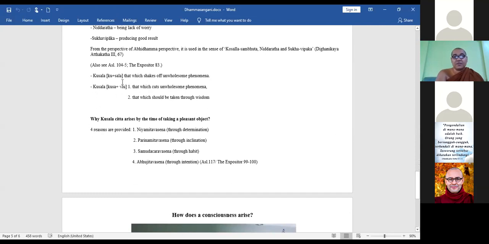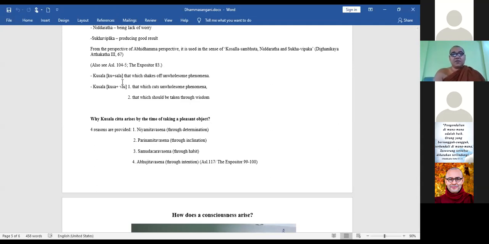Ku is something which is disgusting, something to be disgusted at. Sala means to shake off or to destroy. So if we combine these two together, ku plus sala, then it is something which destroys or shakes off unwholesome phenomena within ourselves. So very powerful.